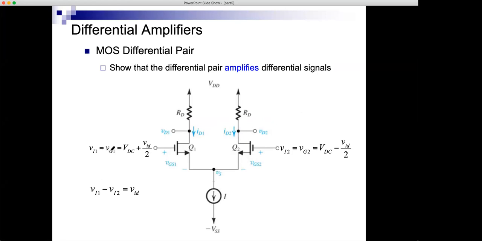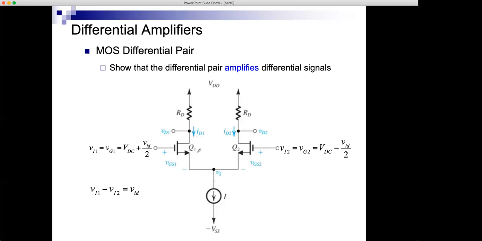We will assume that the input is some DC level, which is the same here. And on this side, I have a plus VID over 2, and on this side, I have a minus VID over 2. So that the difference between VI1 and VI2 is VID. This is what we derived previously when we said that if I have two general inputs, VI1 and VI2, I can do a transformation into a common mode input and a differential input.